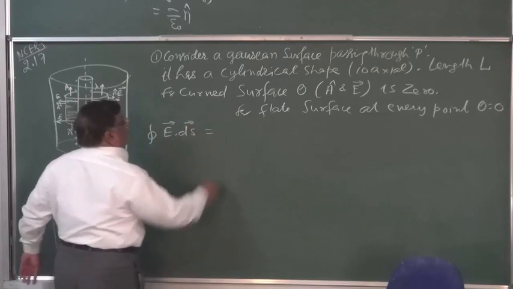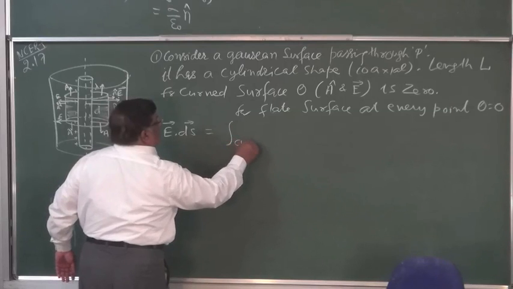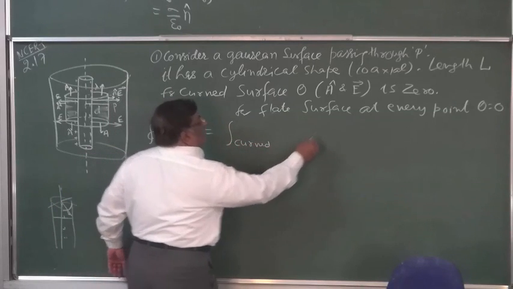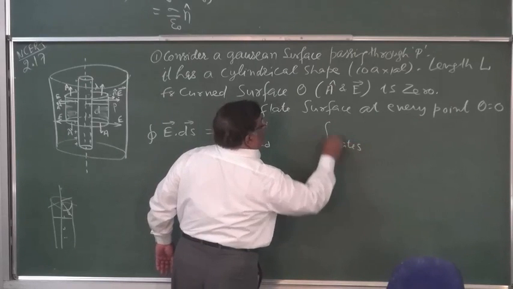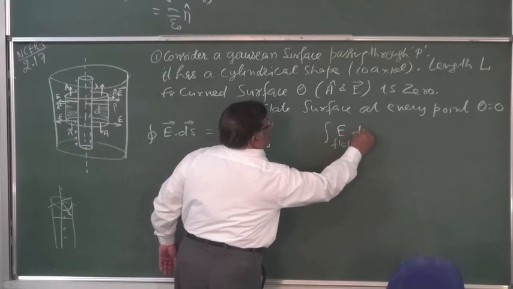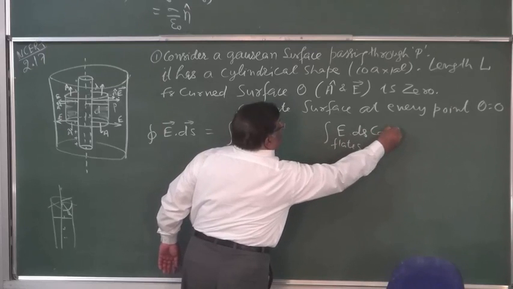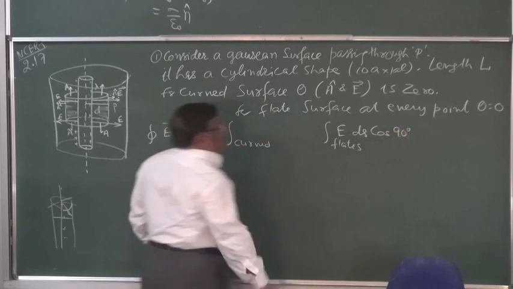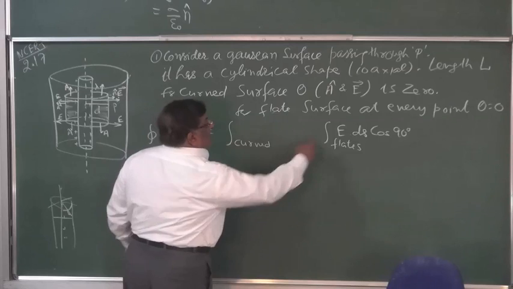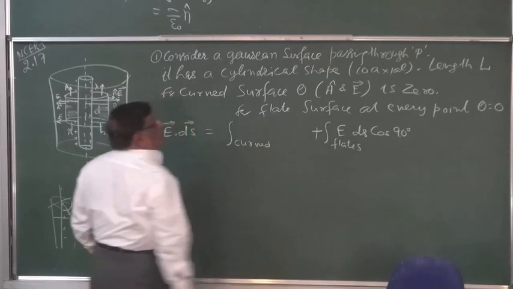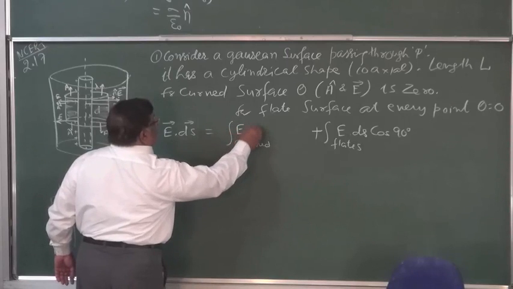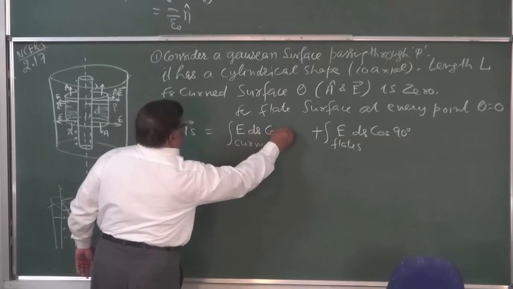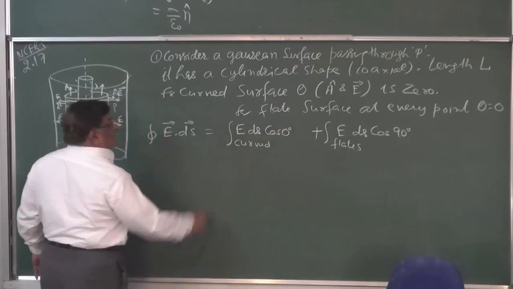We will divide it into two surfaces: one is curved and the other is flat. In flat it is E dS cos 90. Cos 90 is 0, so in the next step it becomes 0. Now for curved it is E dS cos 0. Cos 0 is equal to 1.